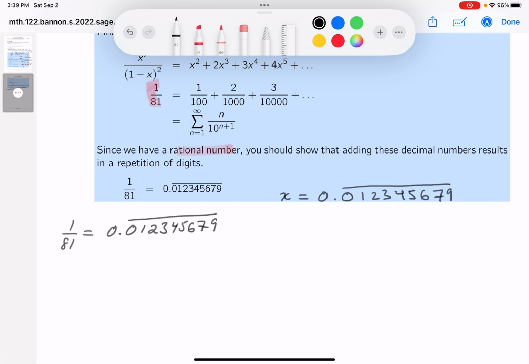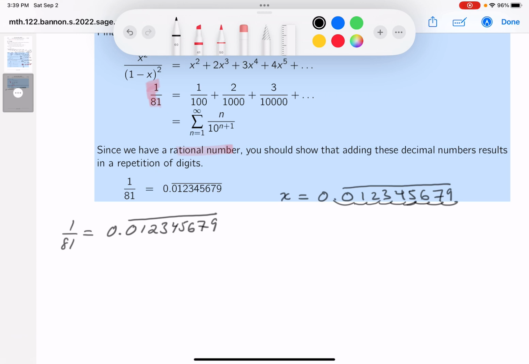We'll take a look at it. 10, 100, 1,000, 10,000, 100,000, 1 million, 10 million, 100 million, 1,000 million. All right? Now let me just count it up with a number. I don't like writing down all the zeros over there.